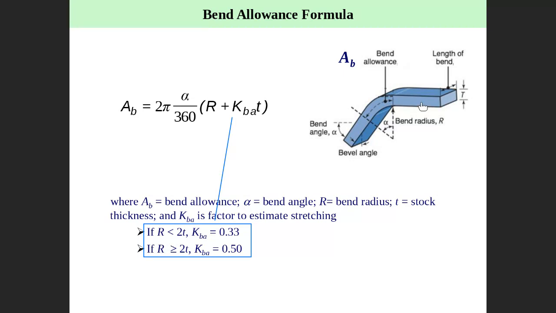If R, the bend radius, is smaller than 2t, where t is the thickness, then KBA equals 0.33. But if R is bigger than or equal to 2t, then KBA equals 0.5. From this equation, we can obtain AB, which is the bend allowance.